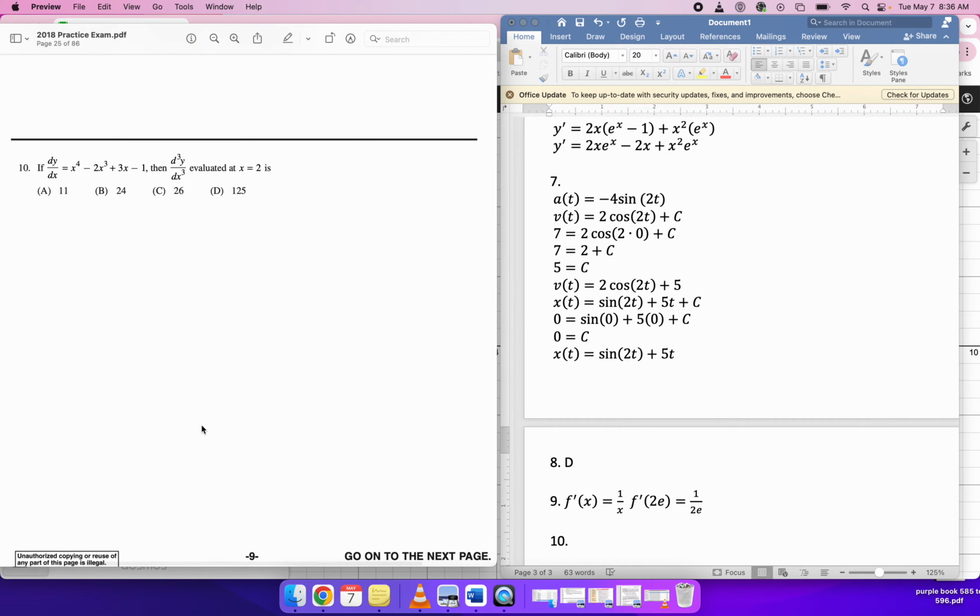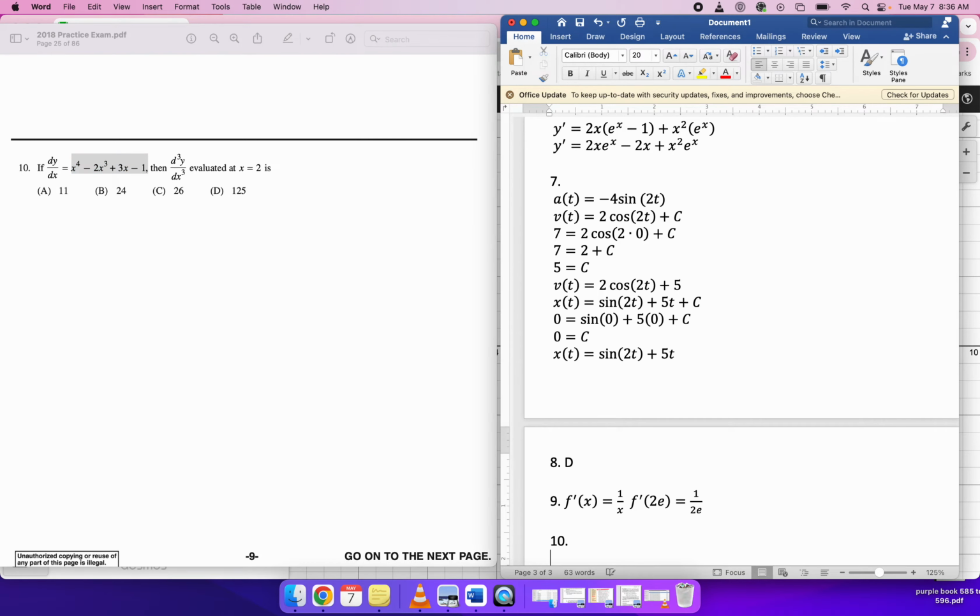Number 10, if dy dx equals blah, then this guy here, that just means the third derivative, right? So they're saying, find the third derivative and plug in 2. So what is that? Well, the first derivative is this guy, so I just need to take the derivative twice.